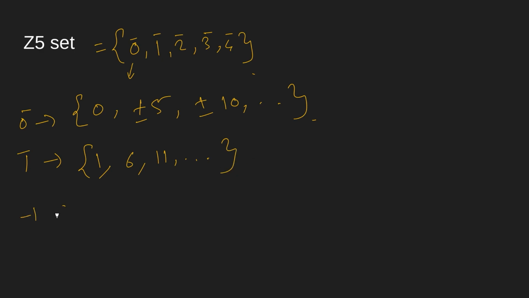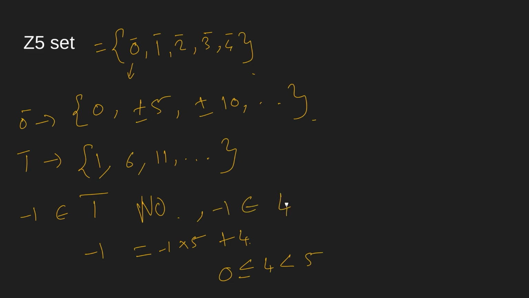Whether -1 belongs to this class? The answer is no. Why? Because -1 can be written as -1 times 5 plus 4. This 4 satisfies this property: 4 is strictly less than 5 and it is greater than or equal to 0. So 4 is a valid remainder, which means -1 actually belongs to the class 4.